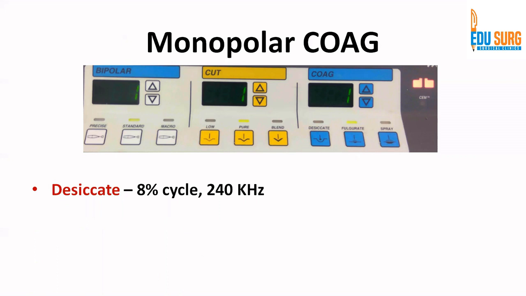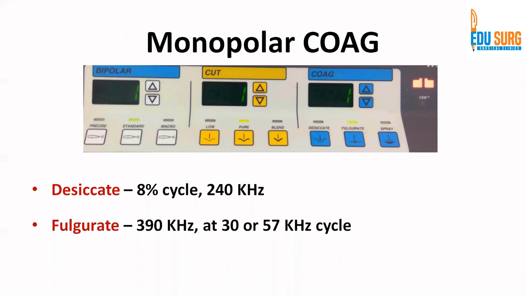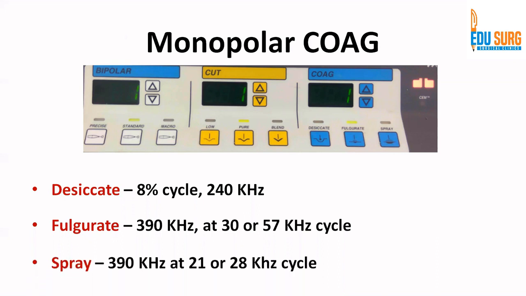You remember from our main key point chart that for coagulation, the cycles are on for less than 10% of the time. So for desiccation, the cycle is 8% and 240 kilohertz is the frequency. For fulguration, the frequency is high, but the cycle is operational for a very short time.